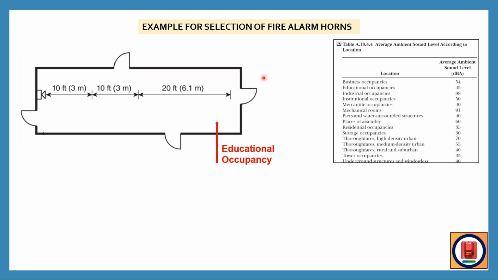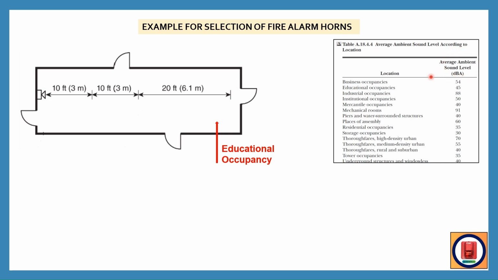Here we are considering an educational occupancy, and for this educational occupancy we need to select the horn. It means we need to select the dBA rating for the horn. So in public mode, signaling must have a sound level at least 15 dB above the average ambient sound level.